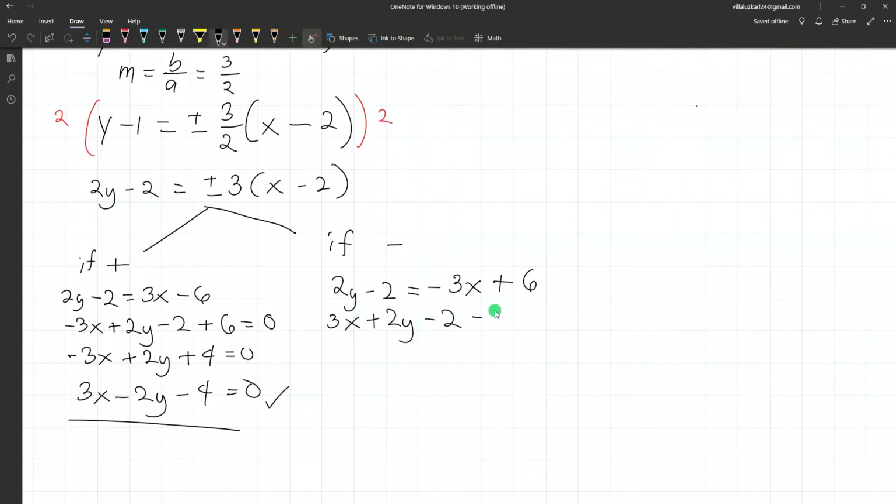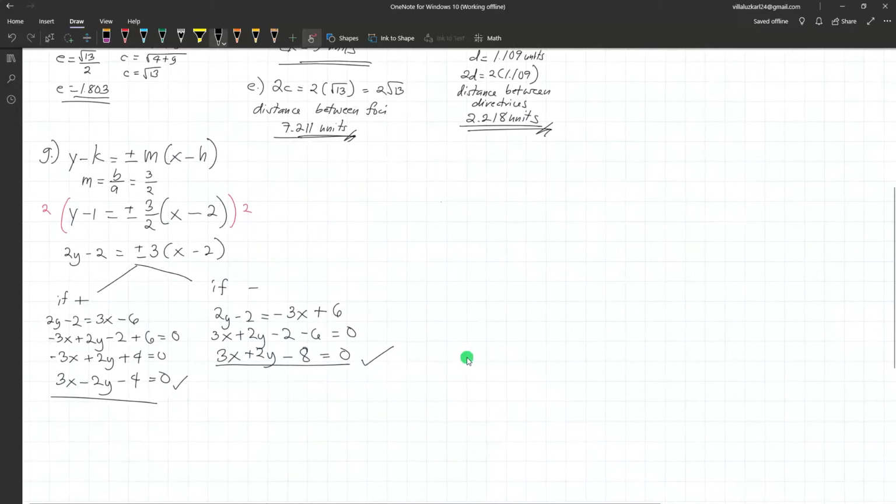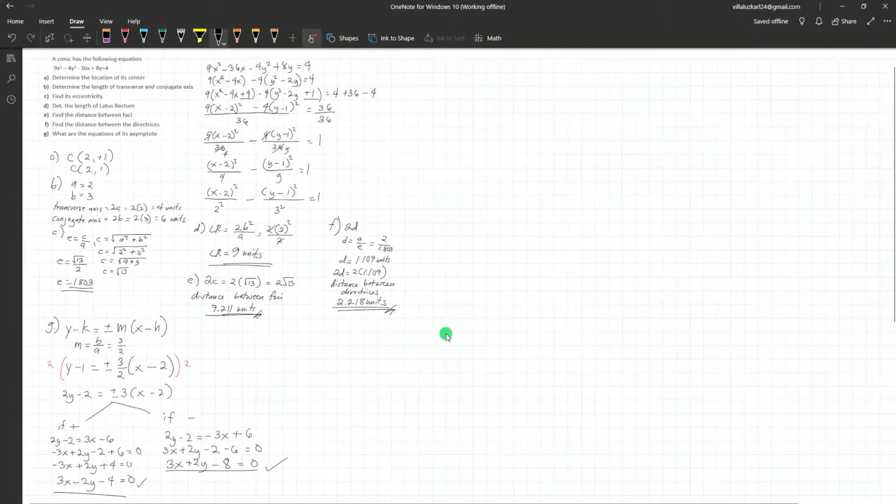So 3x plus 2y, they are both negative, so it is negative 8 equals 0. This is your second equation for the asymptote. So that's your answers. That's the answers for this particular problem.